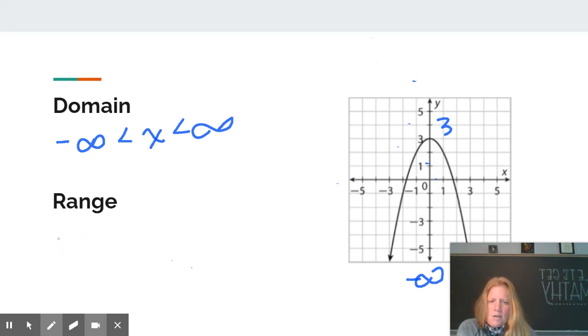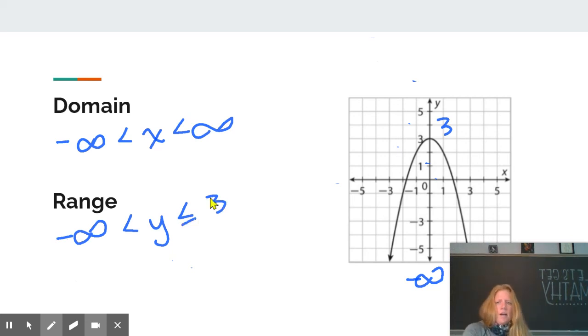So the range is from negative infinity, which is less than y, which is less than, does it include 3? Yes, it does. So it also includes 3. So we have our domain and our range. There is also another way you could write this by just eliminating this part. It is, in a sense, implied, and y is less than or equal to 3.